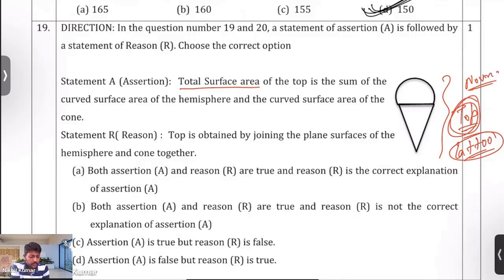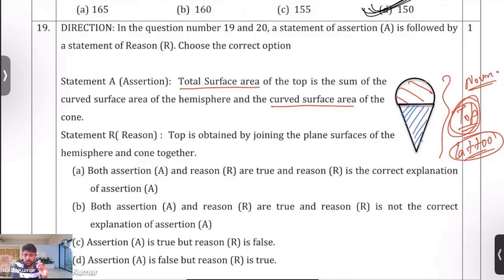So the total surface area of this top is the sum of the curved surface area of the hemisphere, okay? That means the curved surface area of this hemisphere and the curved surface area of the cone.